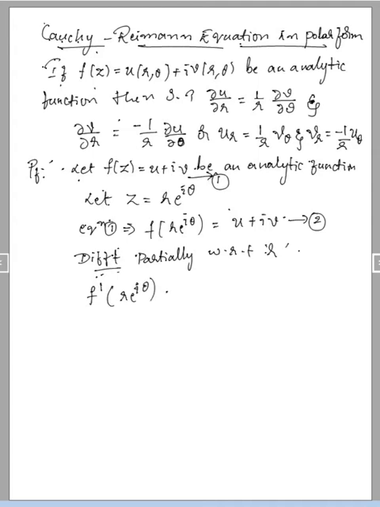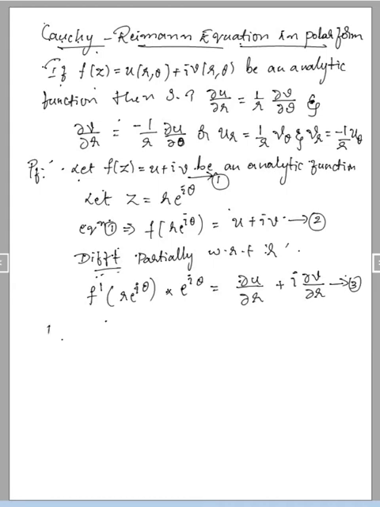The inside function is r e power i theta. The derivative of r with respect to r, treating theta as constant, is e power i theta. This is equal to the derivative of u with respect to r, del u by del r, plus i into del v by del r. So I'll name this as equation 3.